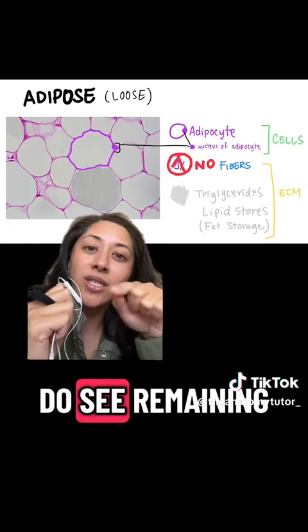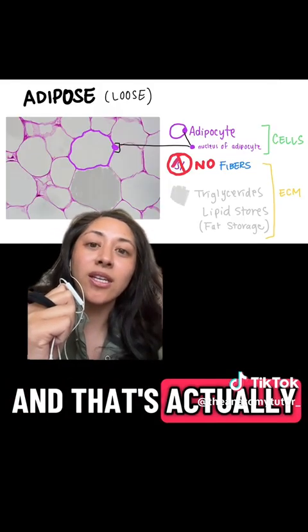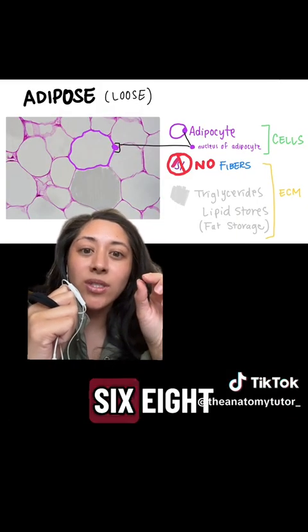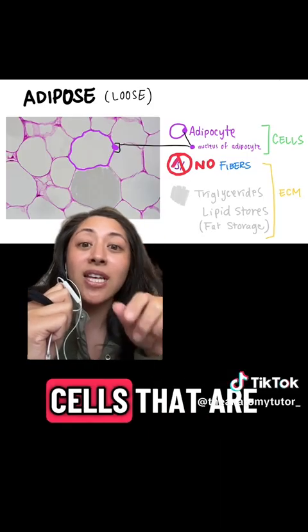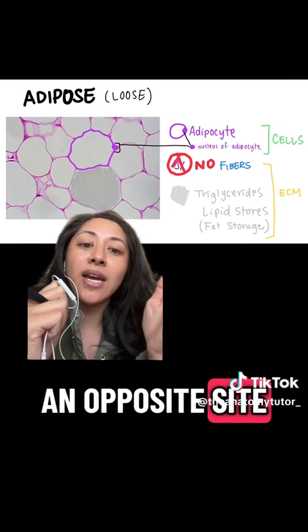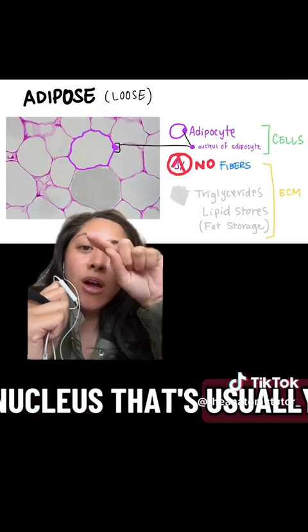And what you do see remaining is that thin pink or purple line, and that's actually the cell membrane of one cell. So there's probably 2, 4, 6, 8, 10, 12, like maybe 15 cells that are featured in this clip here. An adipocyte, you can identify it by its very small nucleus that's usually along the border.